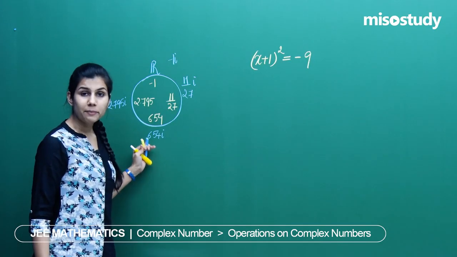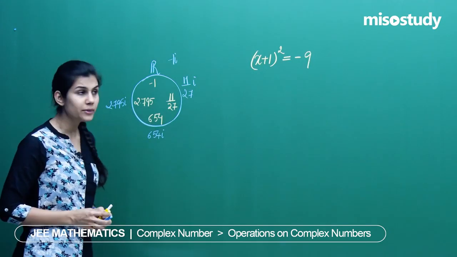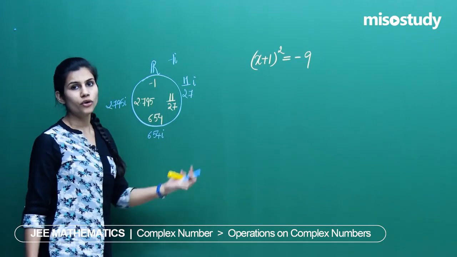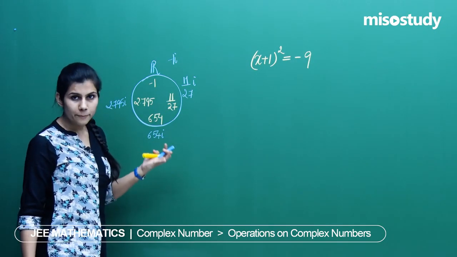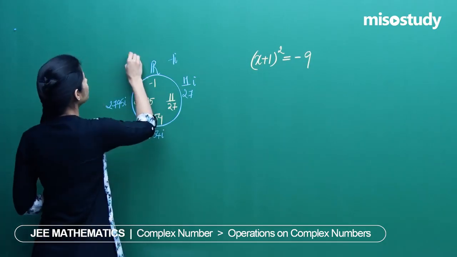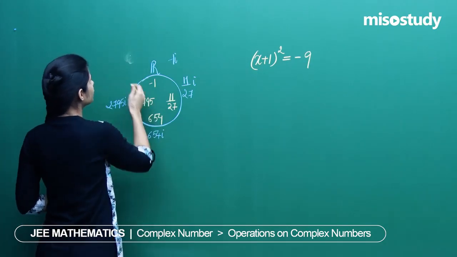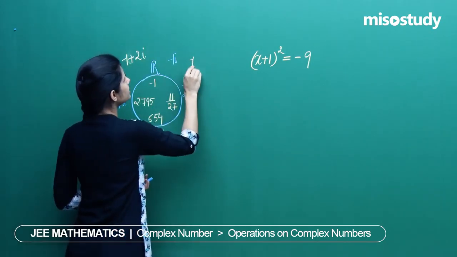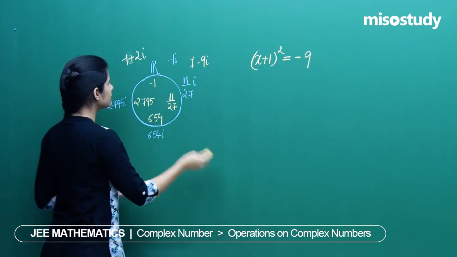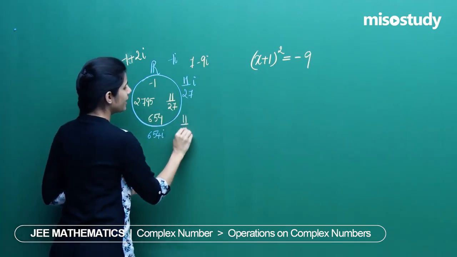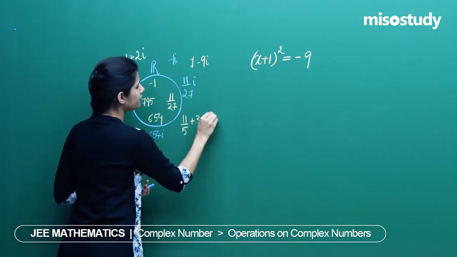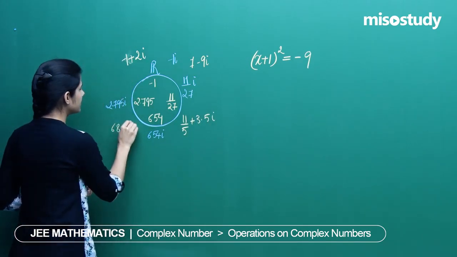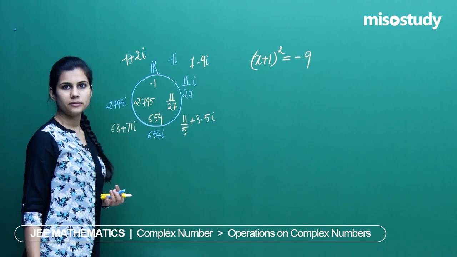Complex numbers were nothing but the sum of real and imaginary numbers, and so in the set of imaginary numbers, I should say, some more complex advanced numbers were adjoined that were something like -1 plus 2 iota, or 7 minus 9 iota, or 11 by 5 plus 3.5 iota, or 68 plus 71 iota.